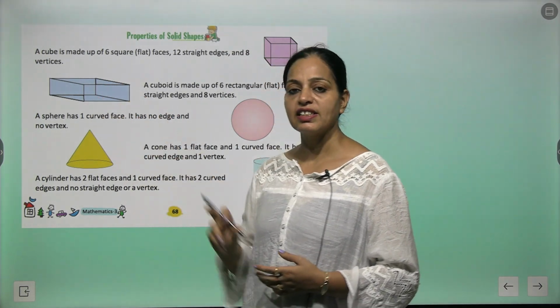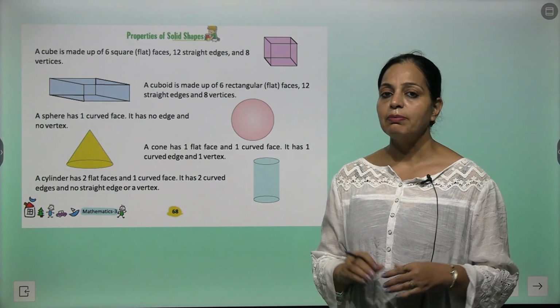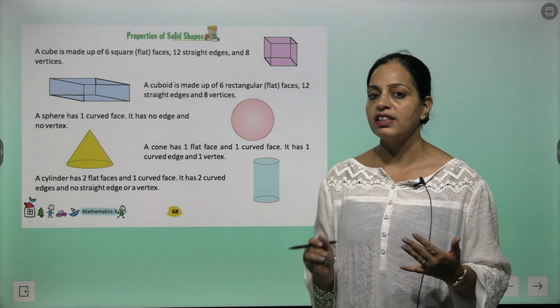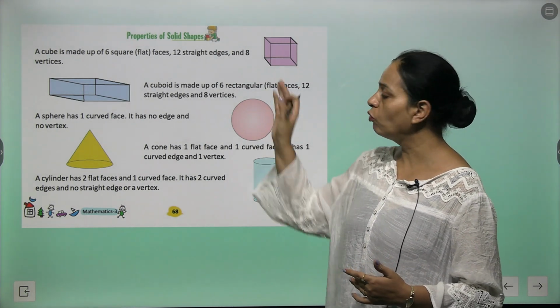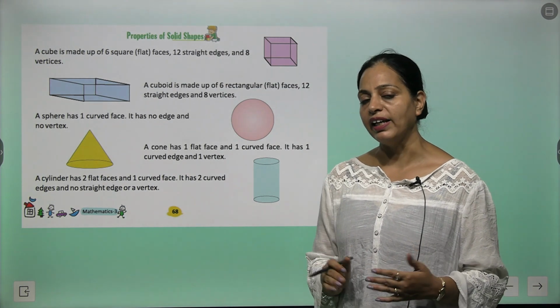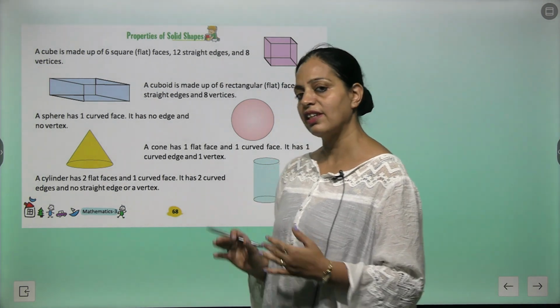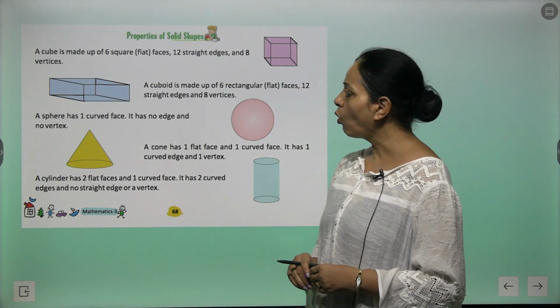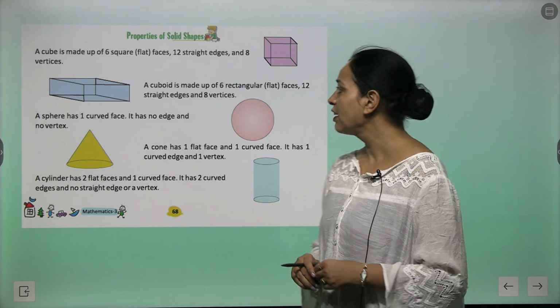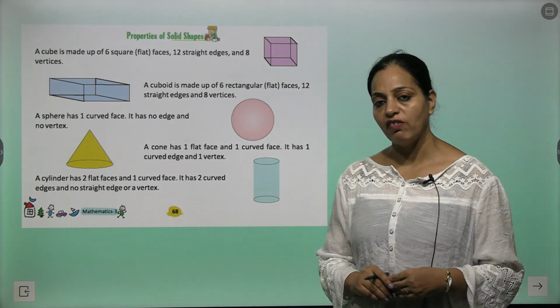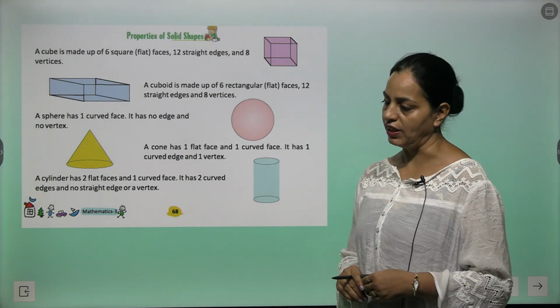Each face is a rectangle. इसमें length, breadth and height are different, but in cube we take length, breadth and height same. Okay, that is the difference. So a cuboid is made up of 6 rectangular faces, 12 edges and 8 vertices.